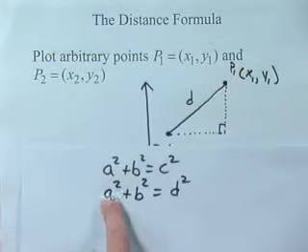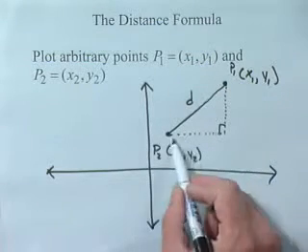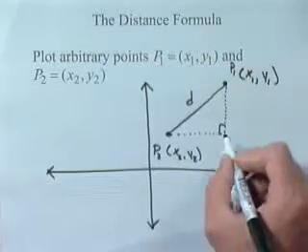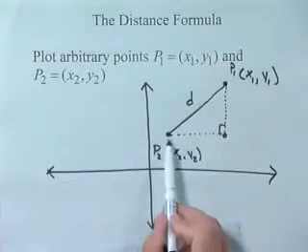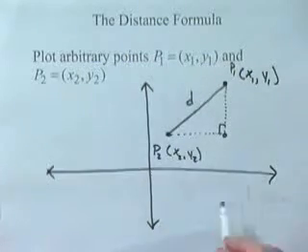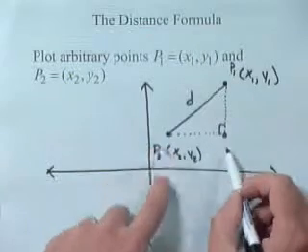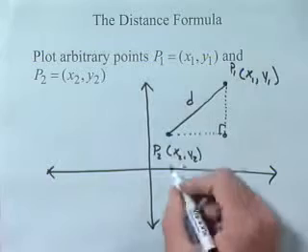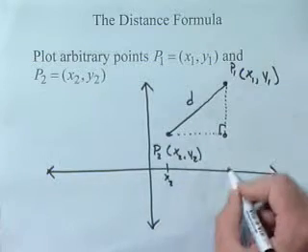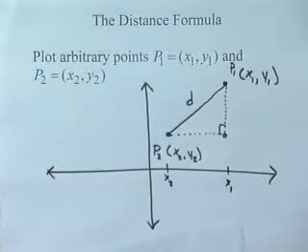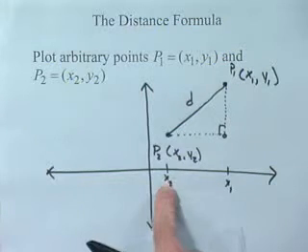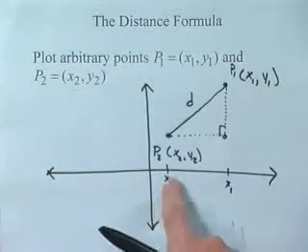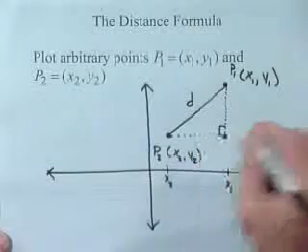All right, so let's figure out how to get our a. We'll call this length a. Well, notice this distance from here to here is just the distance between the 2 x values. Well, this one's x2, this coordinate. This one's x1. So the difference must be x1 minus x2, or we could go x2 minus x1 as long as we put it in absolute value.